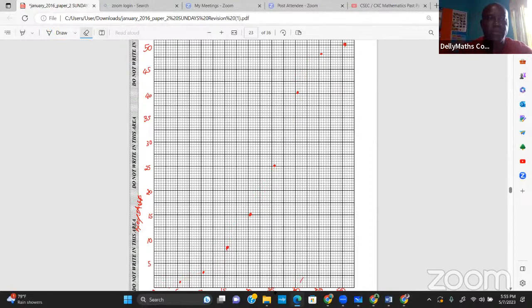Give me 1 second. All right, so there it is, a better diagram. That's our cumulative frequency curve that you're looking at, and whenever you do it, it's always going to have that shape.